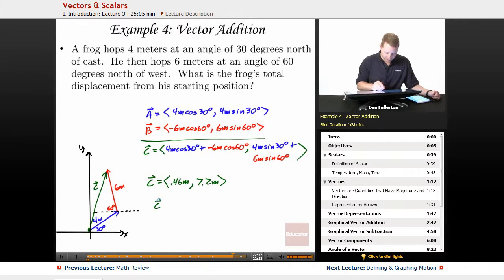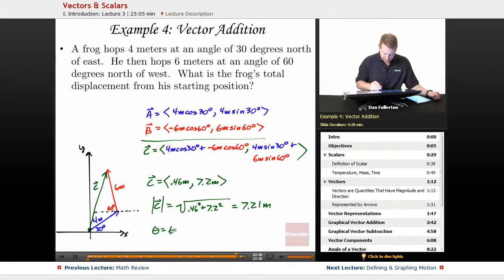The magnitude of C, I take the C vector and I take its absolute value, I can find out by using the Pythagorean theorem again, since I know its components. That's going to be the square root of 0.46 squared plus 7.2 squared, which comes out to be about 7.21 meters. And if we wanted its angle as well, I'm expecting a big angle here, just by taking a look at the picture.